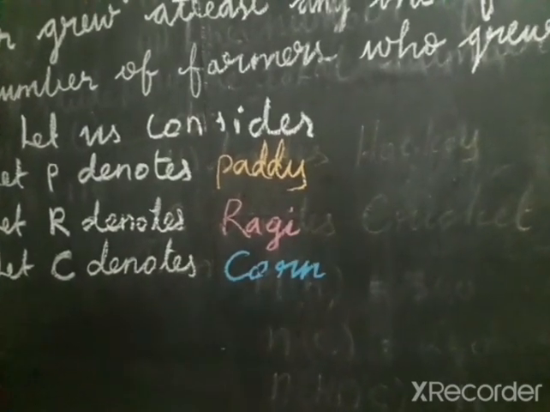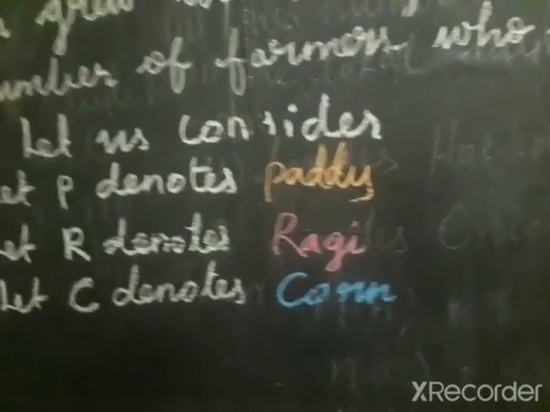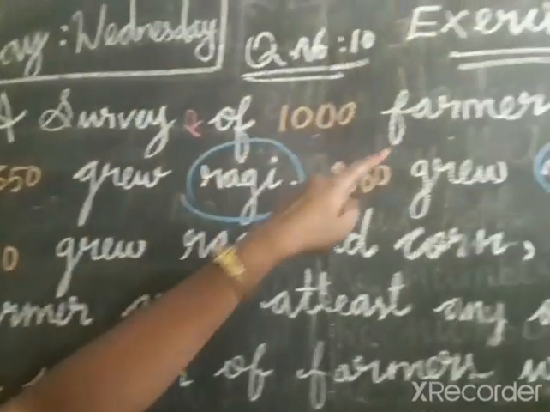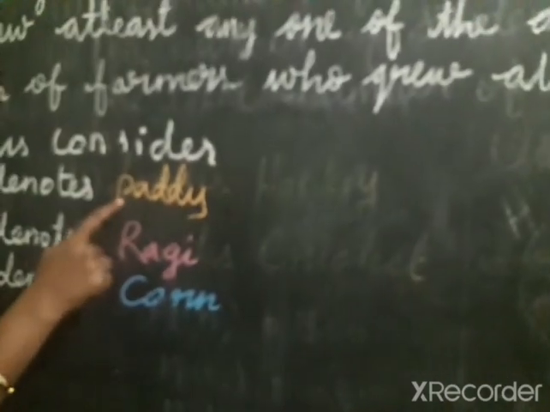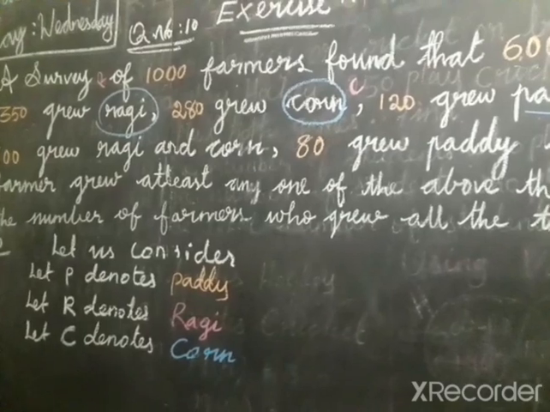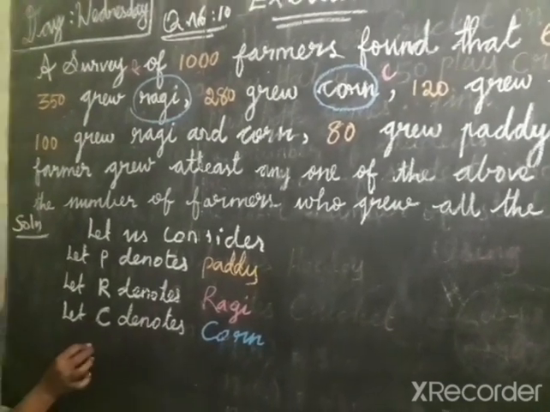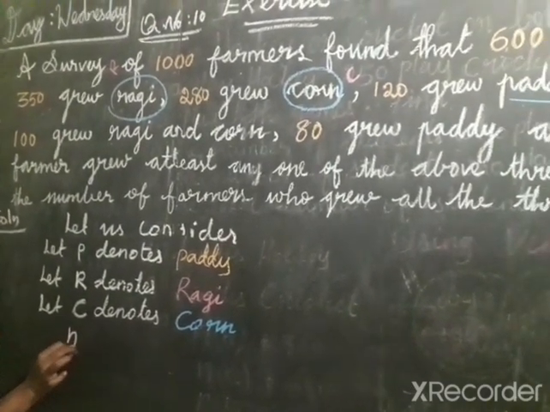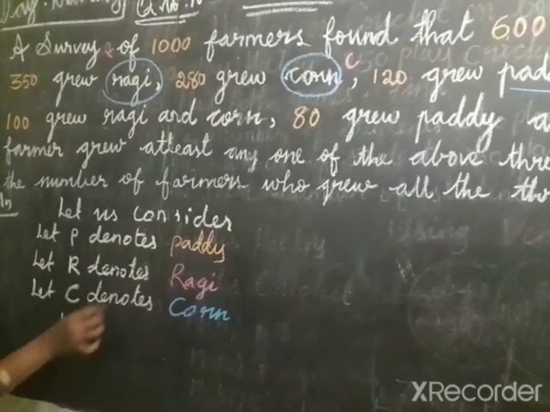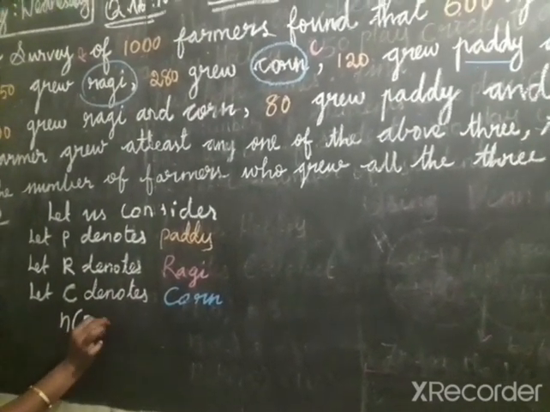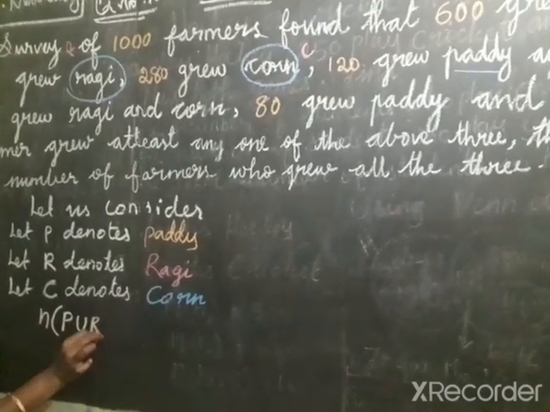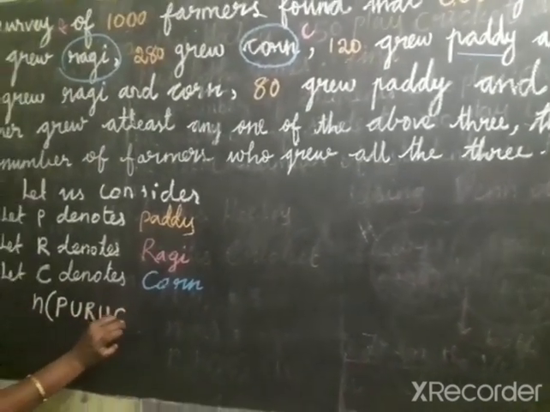Okay. Next, what is given? The survey of 1,000 farmers means the 1,000 is considered as the three plants together.